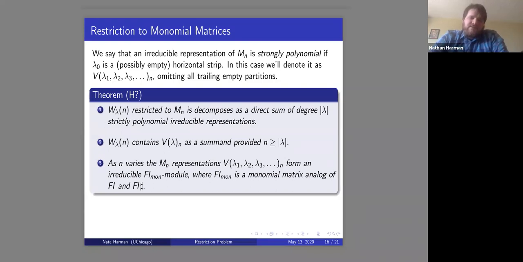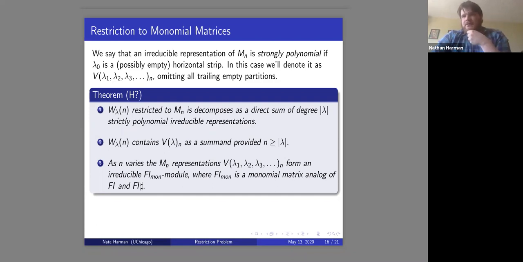Moreover, we can combine this now with representation stability. All of these representations that I very quickly went through, these V(lambda_1, lambda_2, lambda_3, and so on)(n), we can fit them together into an FI-module-like thing. There's this category, which I wrote as FI sub mon. What it is, you look at matrices of arbitrary size, where you have at most one non-zero entry in each row and column.